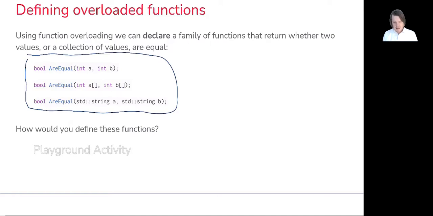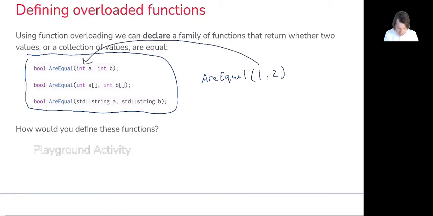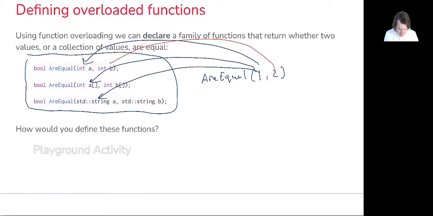What's going to happen is if, say, r equal was called with, let's say, 1 and 2, each argument would be compared to each of the parameters within this family of functions. And what we will see here is that the best match will be the function that is chosen.